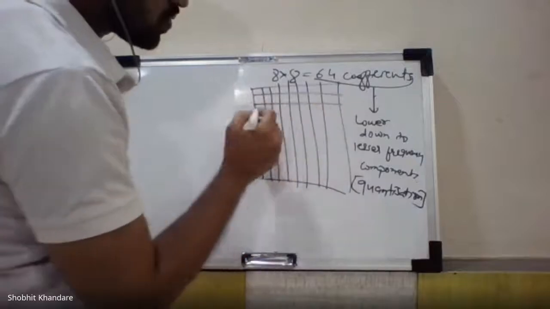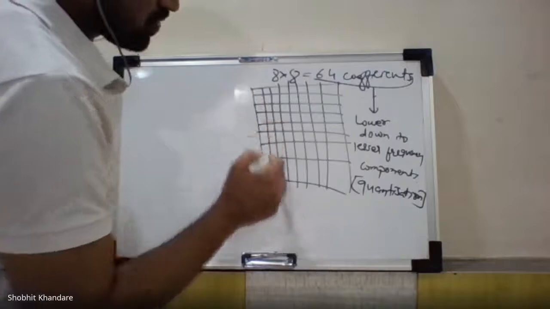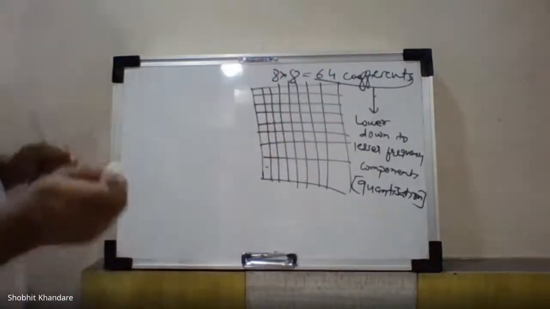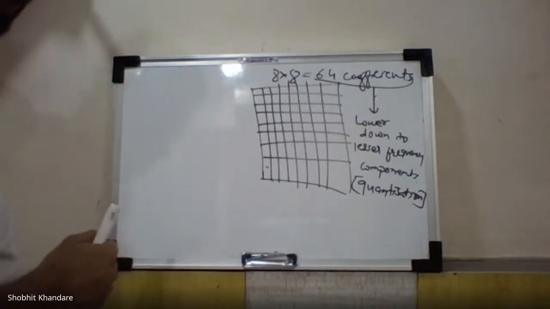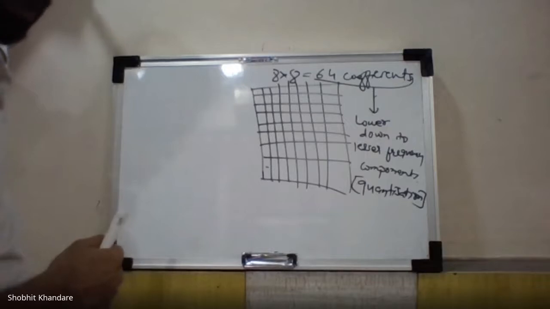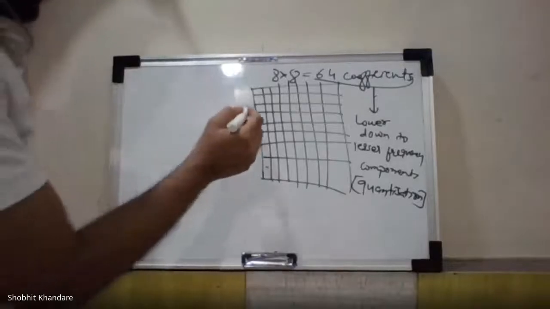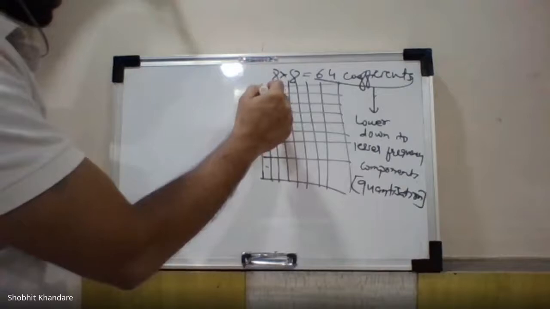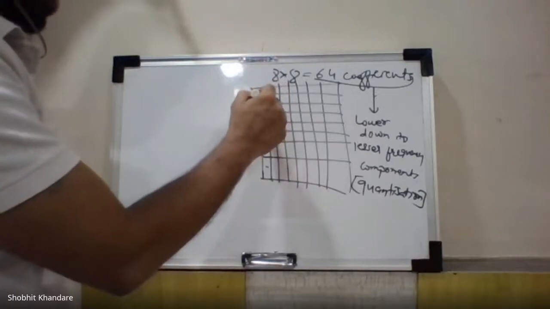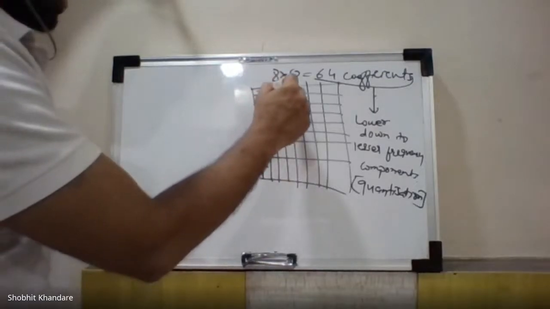Zigzag scanning brings the coefficients reordered into a one dimensional array. And how is the zigzag? See, the zigzag will happen in this manner. You go here, then you come down, then again you come here.